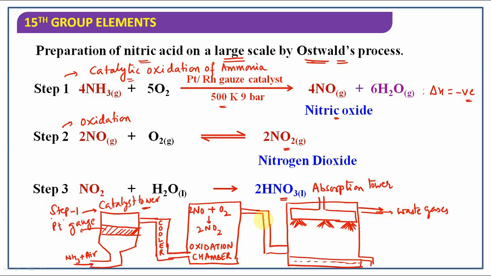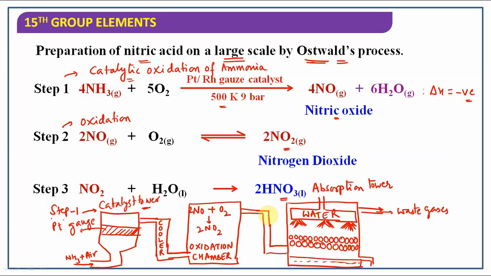So whatever nitrogen dioxide we got must be introduced to the absorption tower. That absorption tower is packed with acid proof stones. Okay. And the water can be sprayed from the top. This is water.